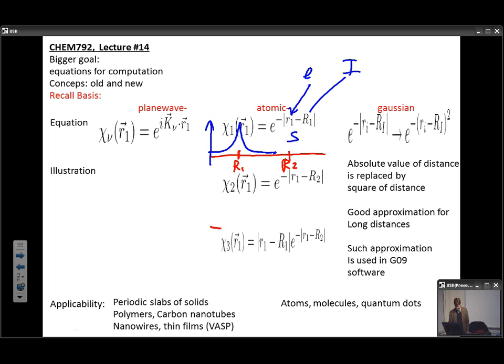If one does the same picture for an electron localized around the second ion, it is decreasing exponentially depending on the absolute value of distance. And the next, p-like, well, actually p orbital, has a factor of the difference between the distance of the electron and the ion in front.